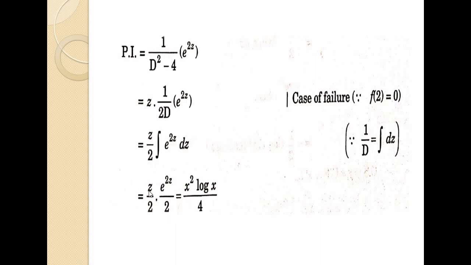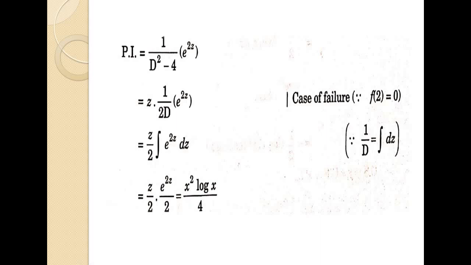So replace z by log x, or e power z with x. With this substitution, this particular integral becomes: e power 2z is e power z whole square, e power z is x, so x square, and z is log x, so x square into log x by 4. This is the particular integral of the given Cauchy's homogeneous equation.